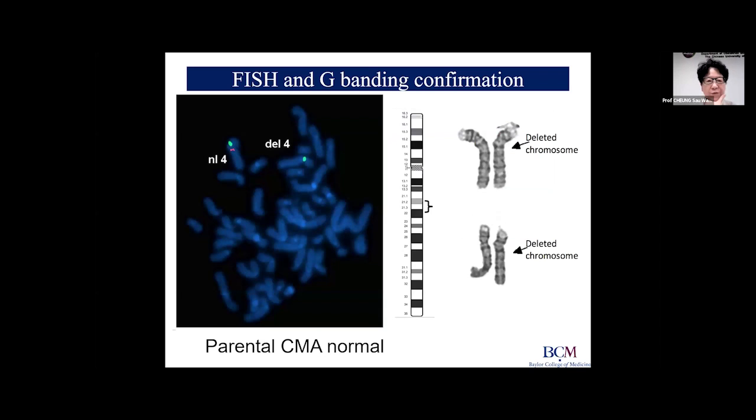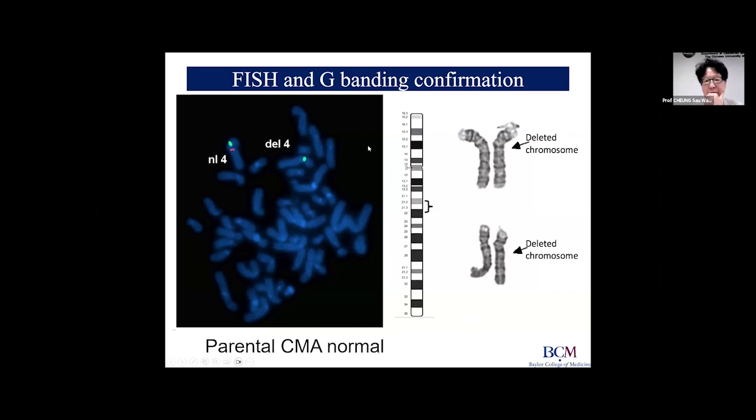We used fluorescent in situ hybridization to confirm the deletion, or confirm the copy number loss. And now we know it's a deletion because this is the centromere of chromosome 4, and this is the probe that we used in that region, and that's deleted.